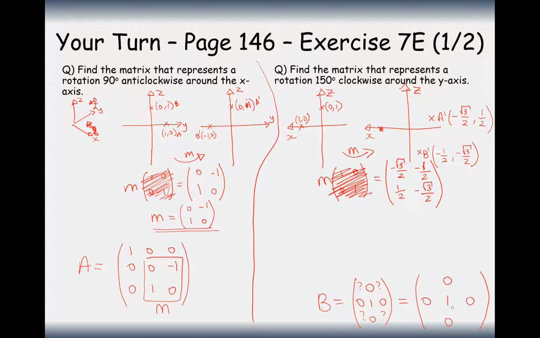It's zeros and ones that look like this because we rotated around the y-axis, and we fill in the rest of the gaps around these values here from the matrix that we've just found. So 1 over 2 and minus root 3 over 2 go in the cells like this. Okay, so that's the answer to this question here. So this is 150 degrees clockwise rotation around the y-axis. This is our matrix.